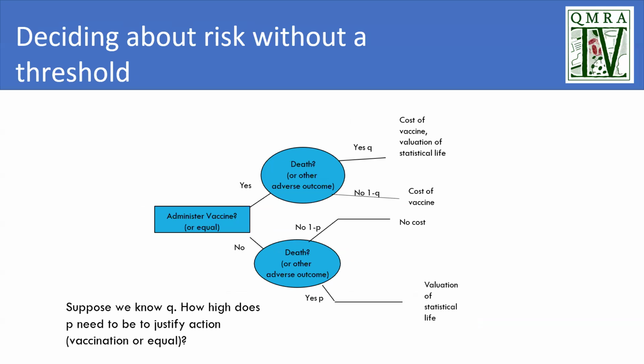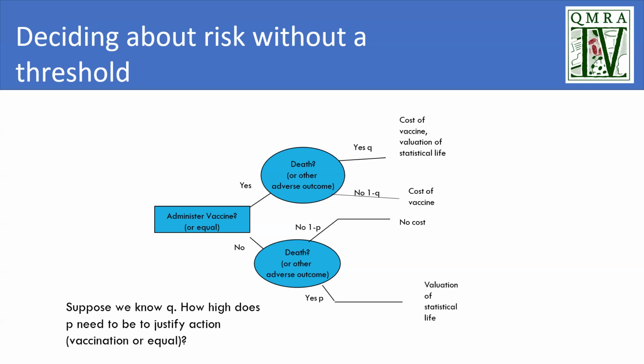So let's consider a tree where we are deciding whether to administer a vaccine or not, or some equivalent countermeasure. There's a probability, yes, of death if we administer the vaccine, and there's also a probability that the person does not die.